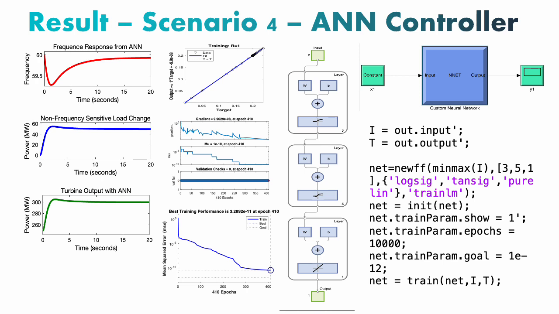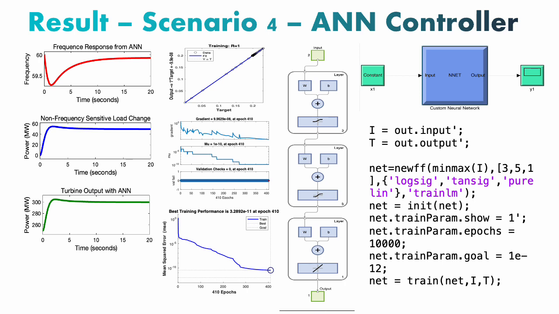But unfortunately, the frequency response we got from the ANN was a bit lower than that of scenario 3. But that, I believe, should be due to the data we used in training the ANN. Nevertheless, the ANN was within the acceptable range.